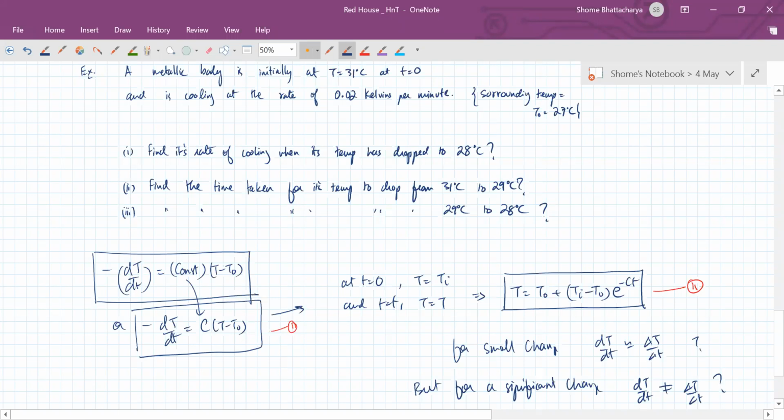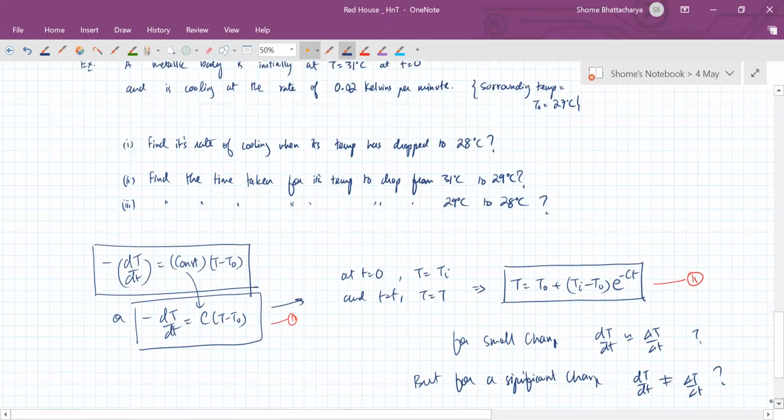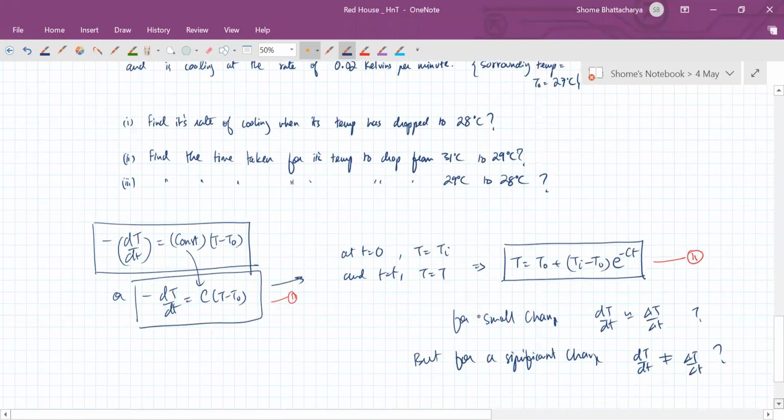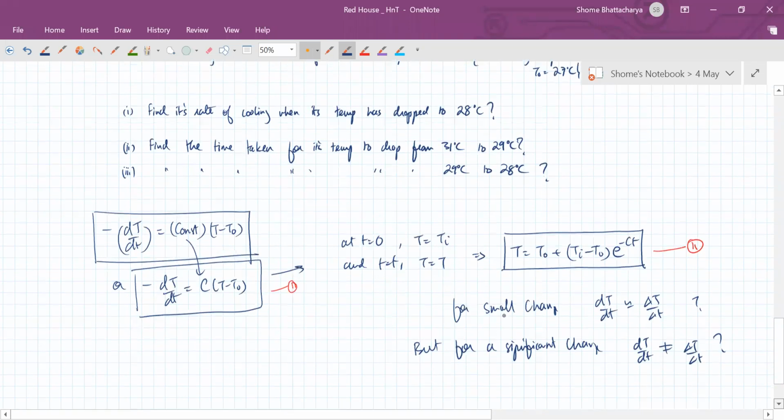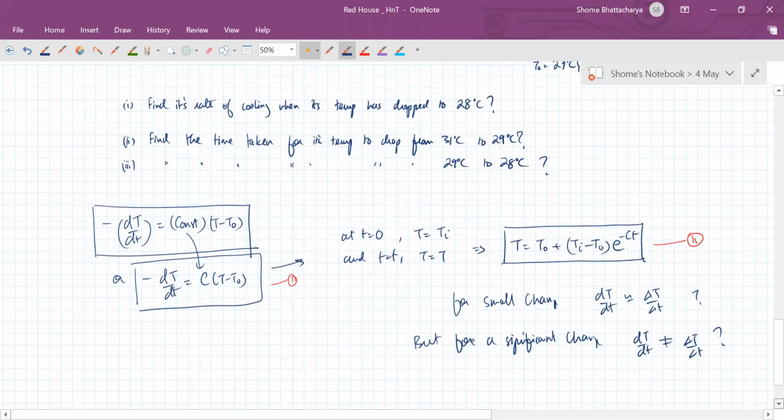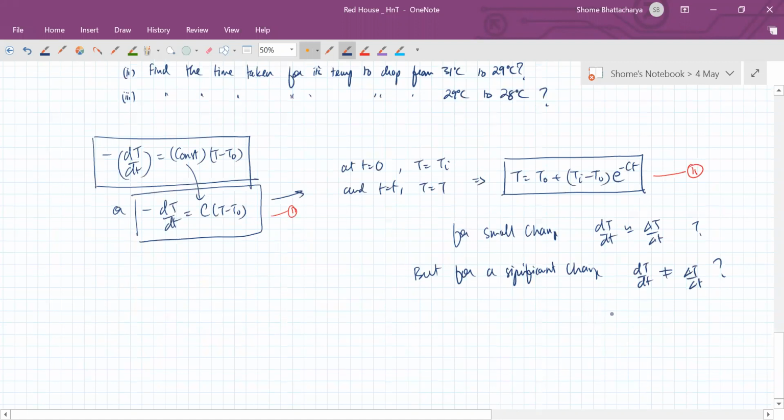Okay. Now you see that the temperature of the surface initially was 304 Kelvin in this case, and the temperature of the surrounding is 300 Kelvin. So this initial temperature difference is 4 Kelvin.